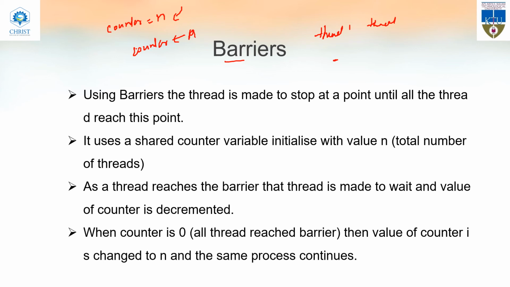Again there will be another point, so the n will be reduced. I hope it is clear. So till that barrier, it makes sure that all the threads get executed up to that point. When the first thread gets to that point, it has to wait until all the threads get executed up to that point. That is called barriers.